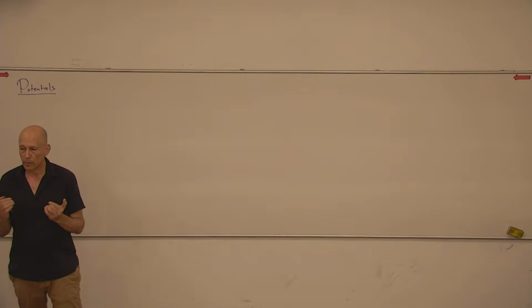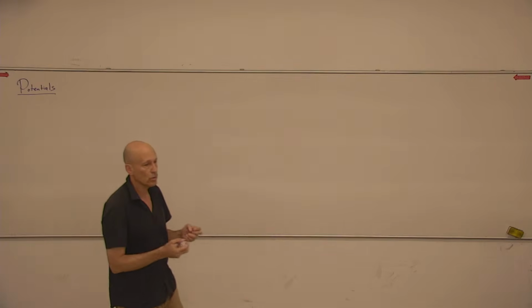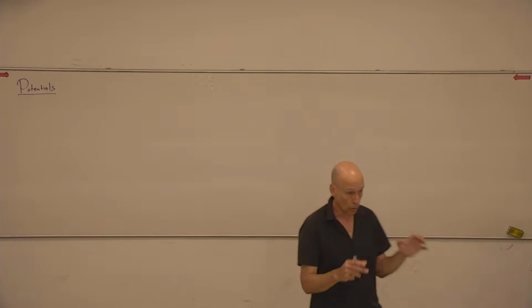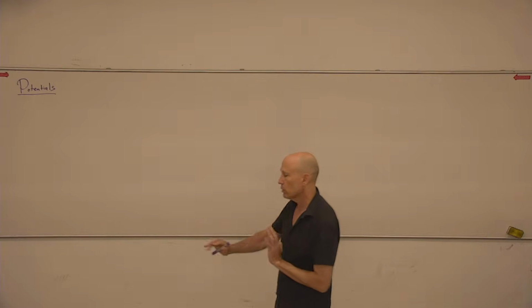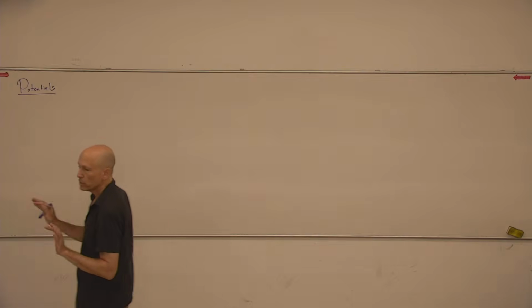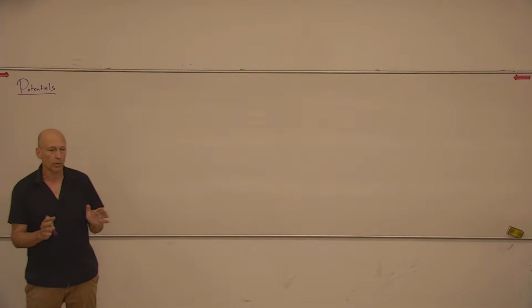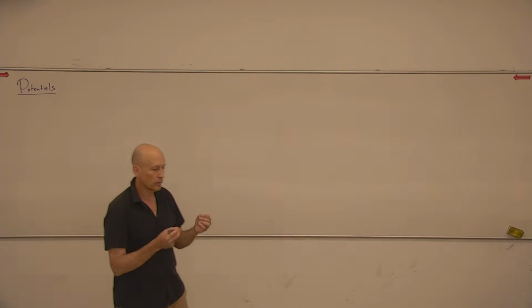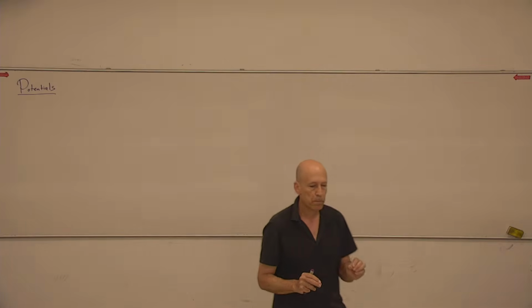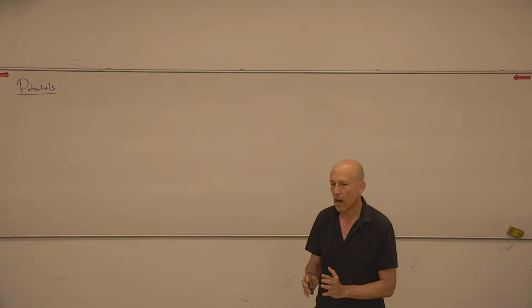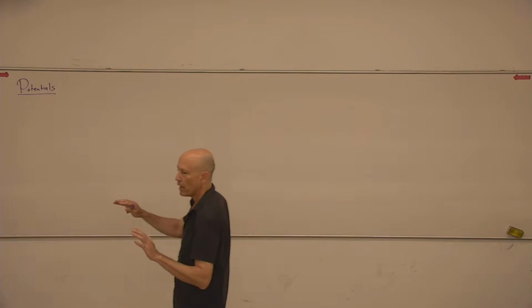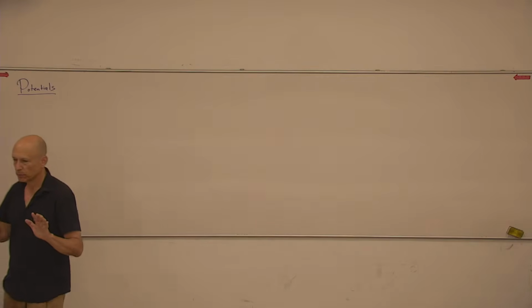Why do they depend on time? Because the charge density rho and the current density J, in principle, now depend on time. So the general problem is: give me the density of charges, give me the current, which change in time, find the electromagnetic field.